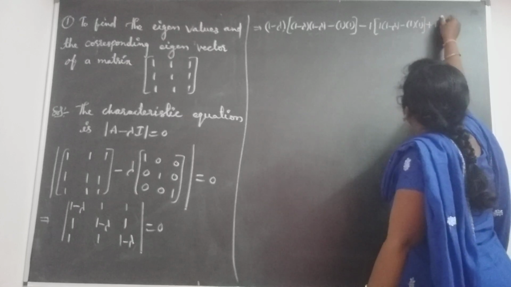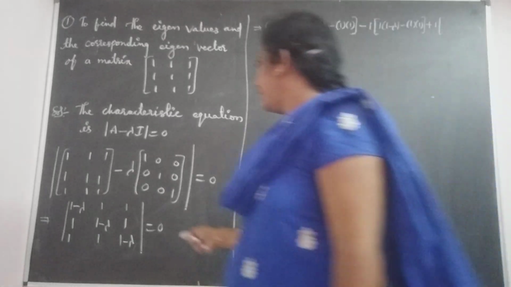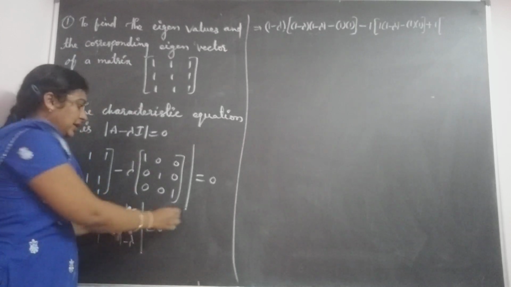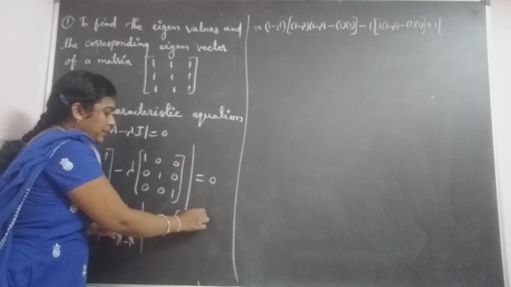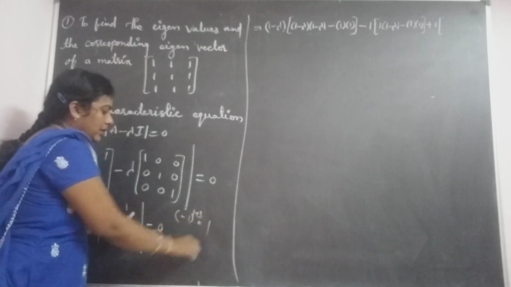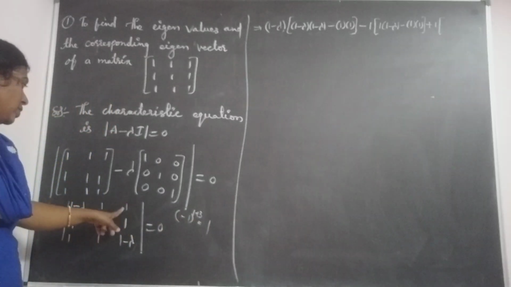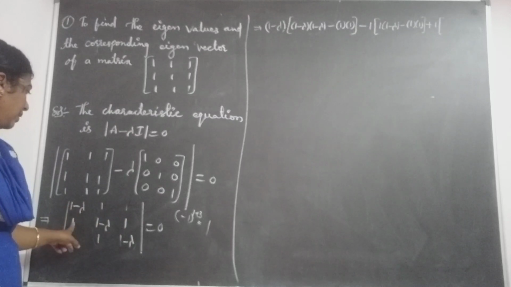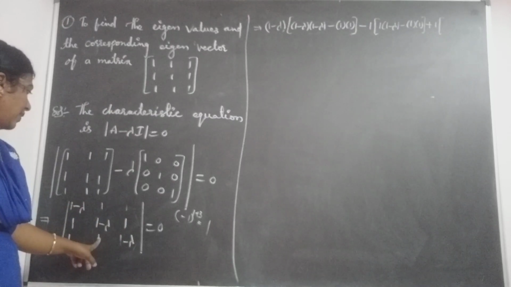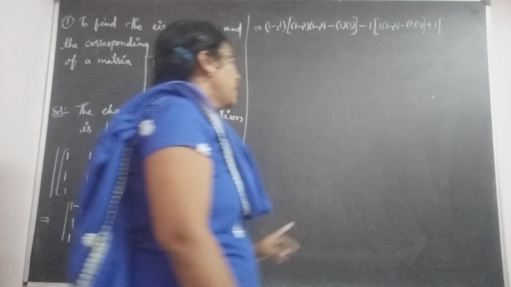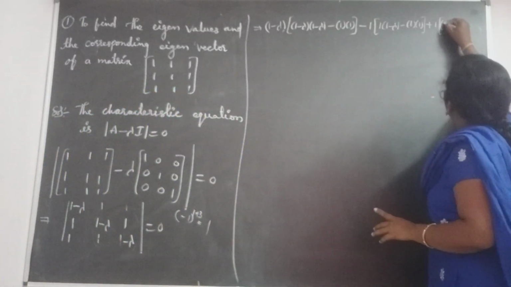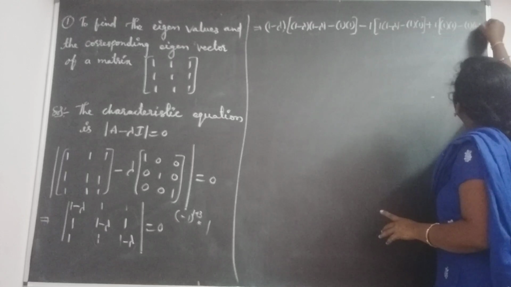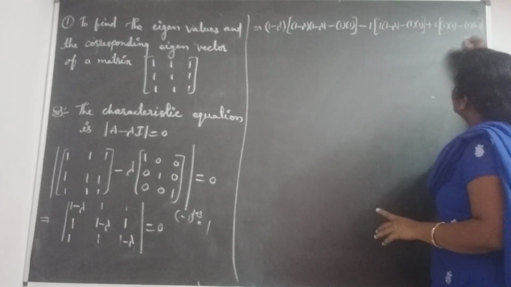Then plus 1 for the first row, third column, since minus 1 to the power 1 plus 3, that is 4, is positive: plus 1 times (1 into 1 minus 1 into (1 minus lambda)) equal to 0.